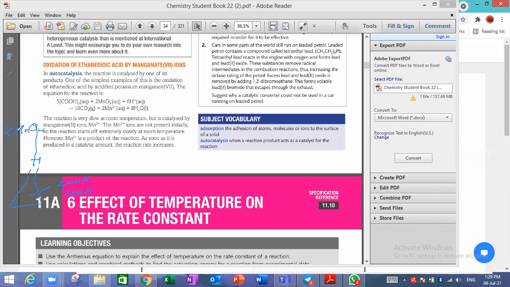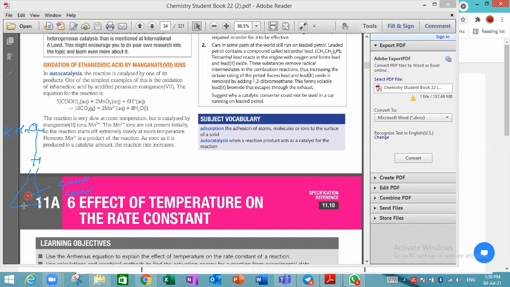We know that potassium manganate is purple in color, and whenever we add drops of potassium manganate to ethane dioic acid, a redox reaction takes place between them, so any drop coming down on the ethane dioic acid should lose its color, because the reaction forms manganese Mn+2. Any drop added should be decolorized until the end point, when any drop of potassium manganate remains as it is because all the ethane dioic acid is finished.